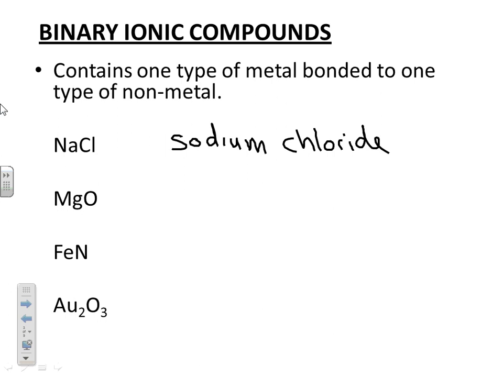For binary ionic compounds, they end in "ide." You've heard that before, I think. All right. What's the name of my second one here? Conrad? Magnesium oxide. All right. Magnesium oxide. Excellent.